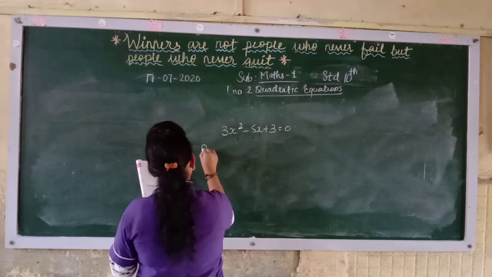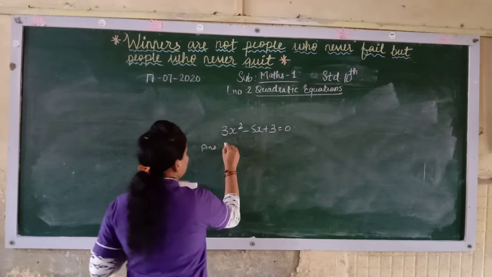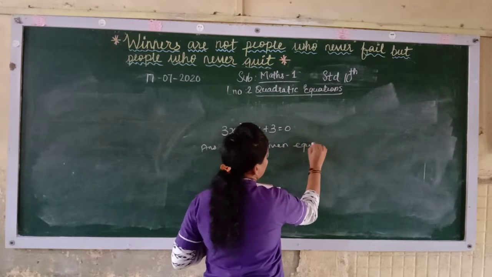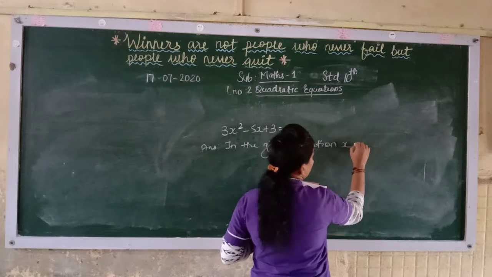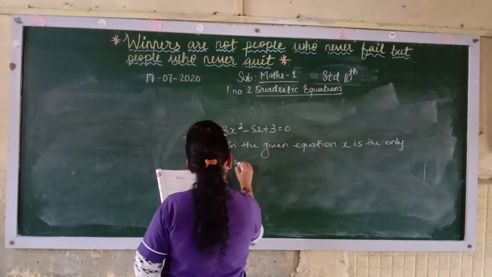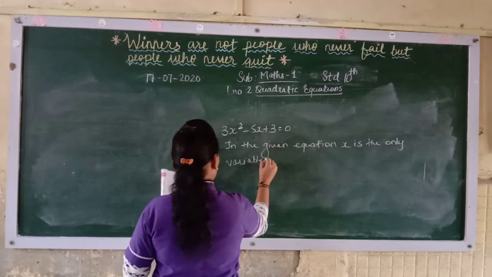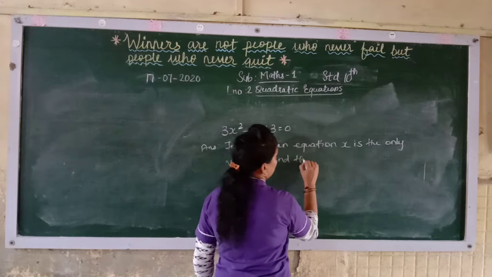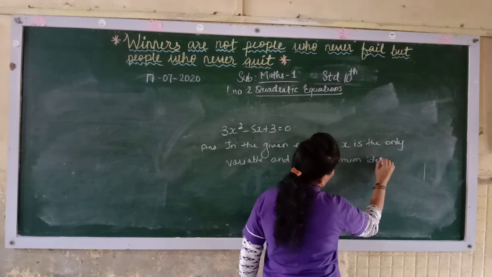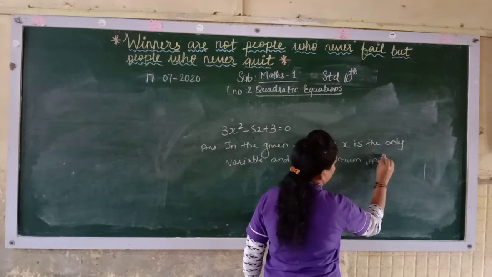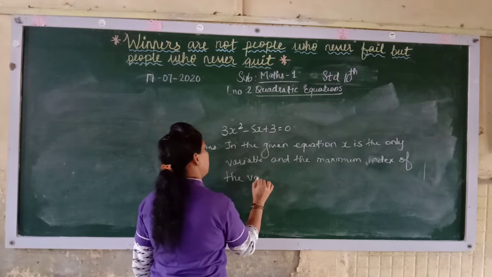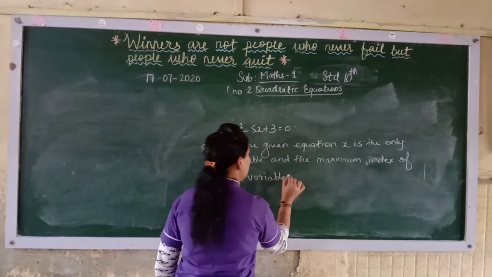So what you will write here: in the given equation x is the only variable and the maximum index of the variable is how much? 2.